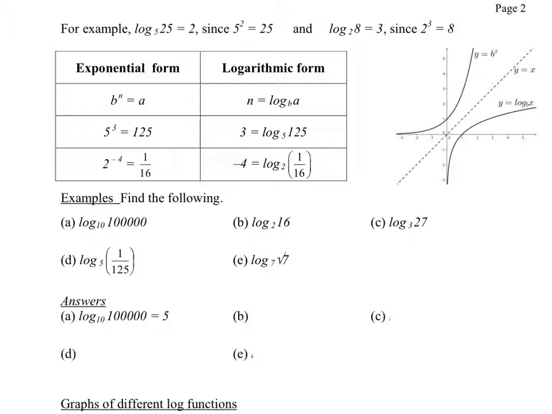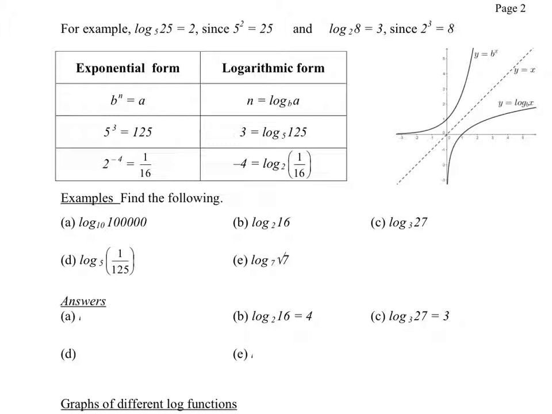So we should have in here log base 2 of 16 is equal to 4. And then the next example, 3 to the power of what is 27? You should have 3 to the power of 3. So log base 3 of 27 is 3.